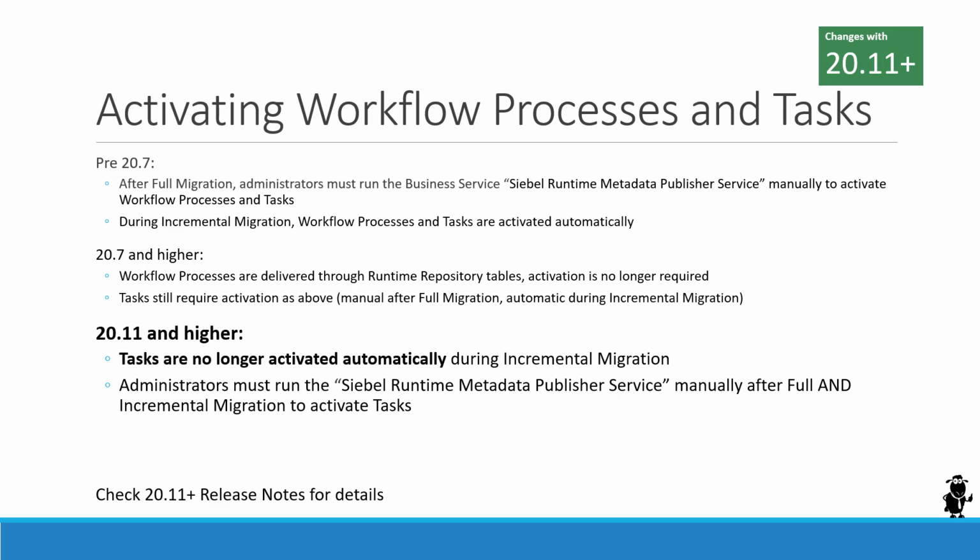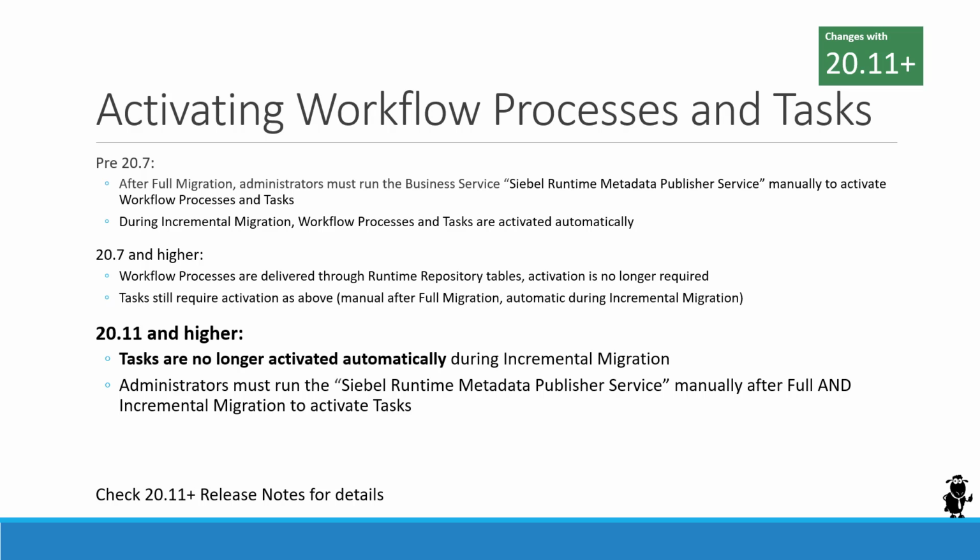With 20.11, there are some changes in the migration application, which are quite subtle, and they are only mentioned in the release notes document. So let's reiterate what activating workflow processes and tasks means, so the two objects that before 20.7 have to be activated both.